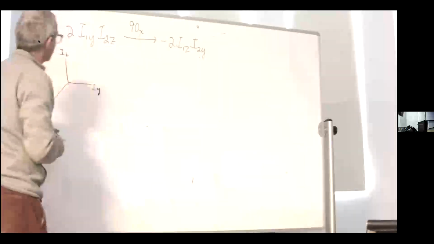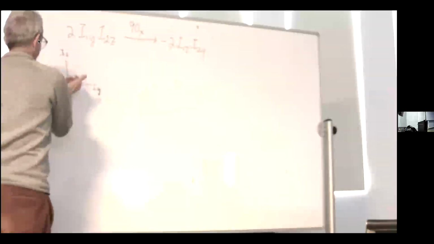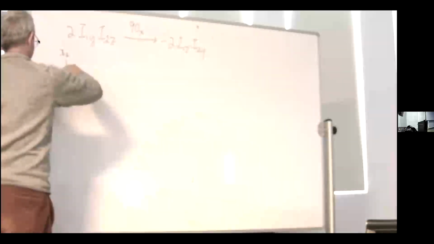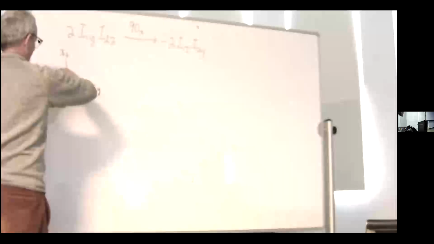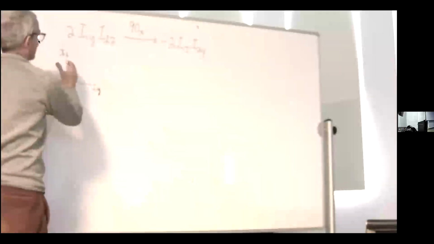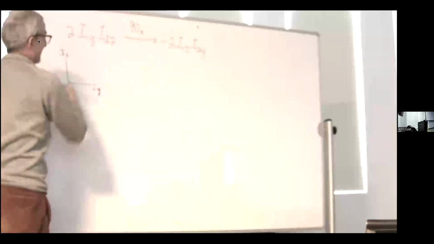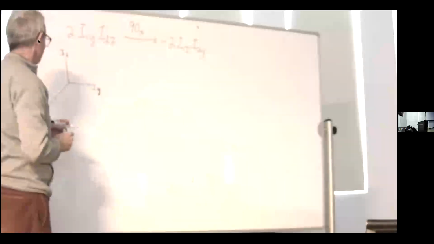A 90° X will take Y to Z, and it takes Z to minus Y. What about a minus X pulse?